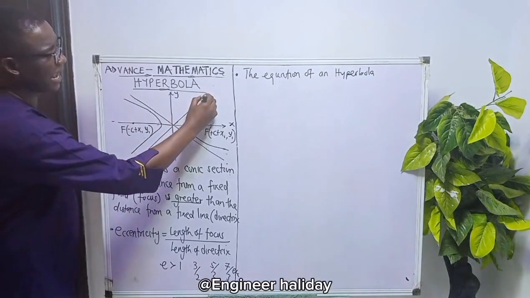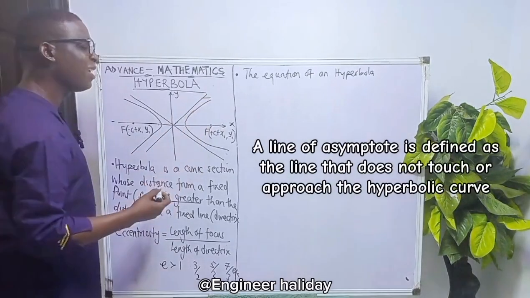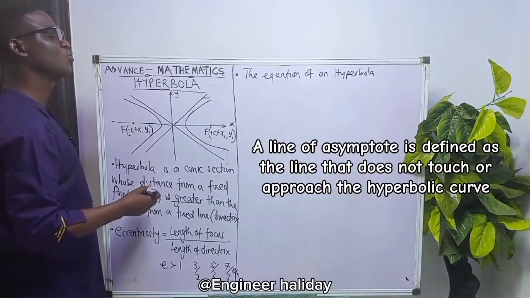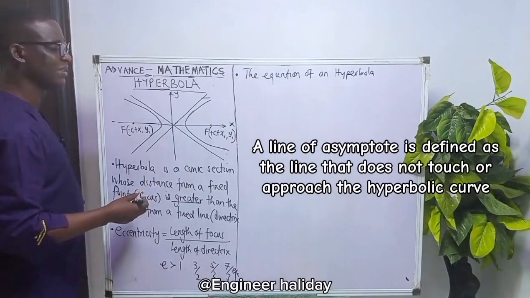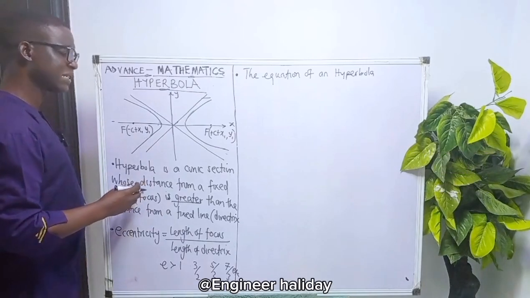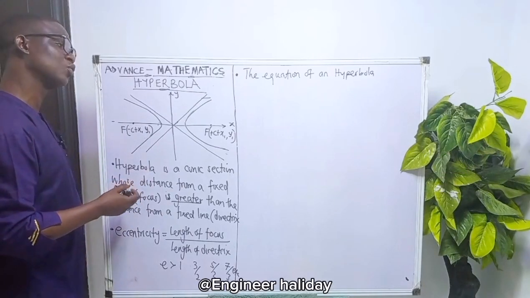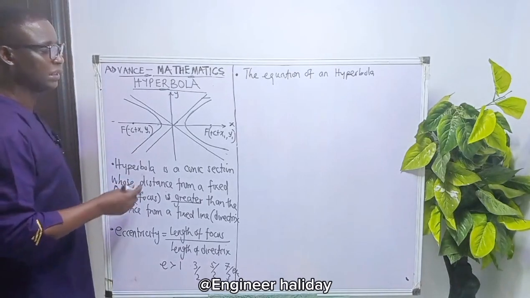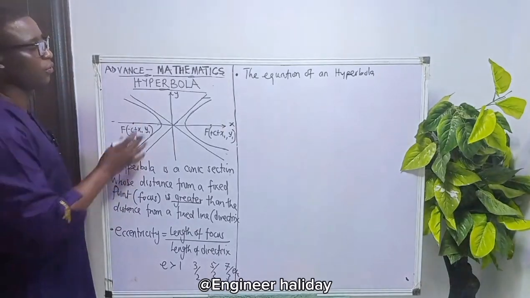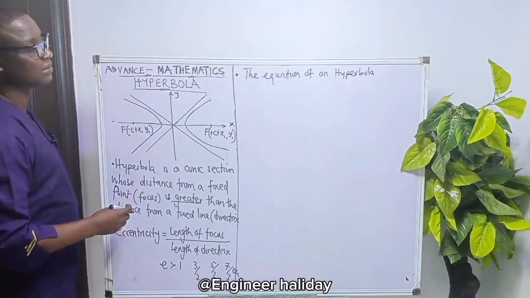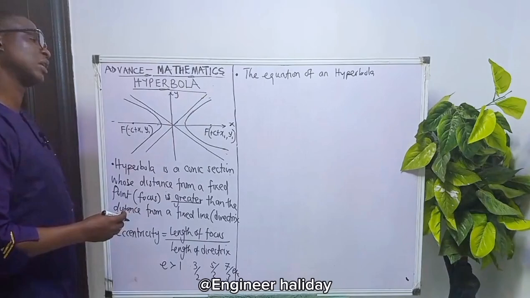Now, there is a line of asymptote. A line of asymptote is a line that does not touch or approach the hyperbolic curve. It has its own equation. So the two of them always meet at infinity. That is some language you can use to describe that.